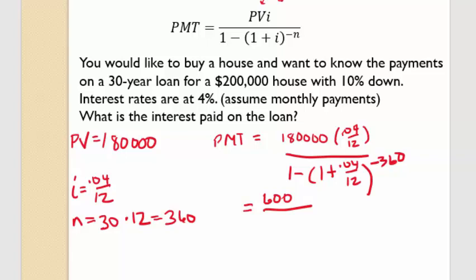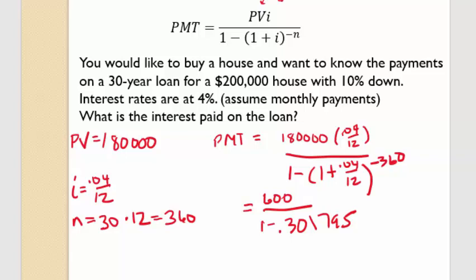So in the parentheses I have 0.04 divided by 12, hit equals, plus 1 equals, and then I have to raise that to the negative 360 power, so y to the x. I put 360 in my calculator and then hit the plus or minus sign, and then equals. So I have 1 minus 0.301795.